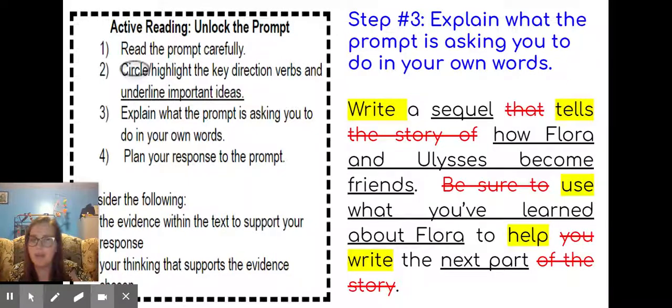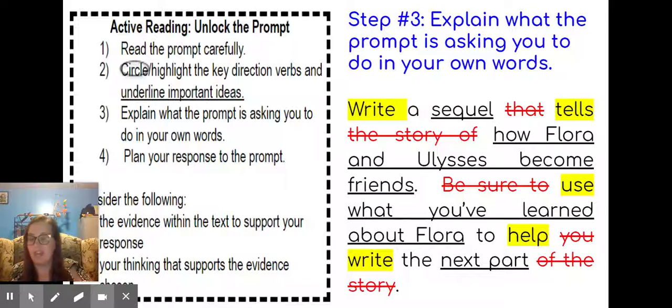So I went through and thought, I really only need to keep what we highlighted and what we underlined. So I went through and I crossed out the words that I didn't think I needed. But I kept all my highlights and all my underlines so that way I could explain what the prompt is asking me to do in my own words.